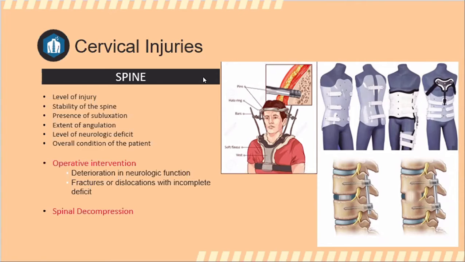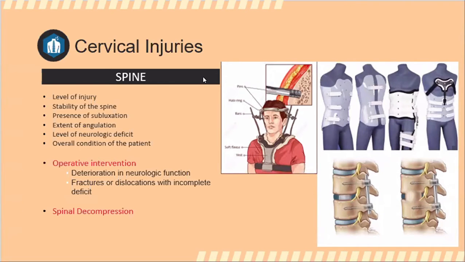So, what are the indications for operative intervention? If there's deterioration in neurologic function. What it means, if you're having a spinal cord injury, hindi glaring yung neurological deficit, cognitive, behavioral, or sensorial, but more on motor and sensory deficits in your extremities, chest and limb.